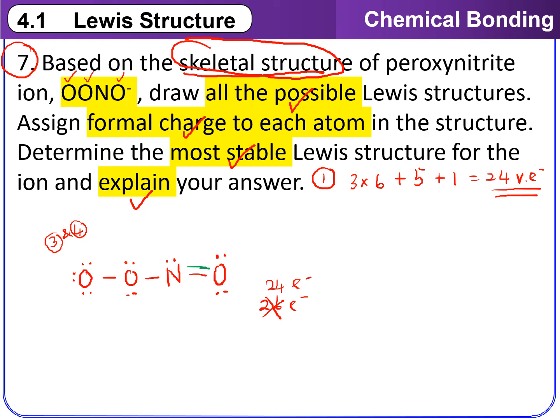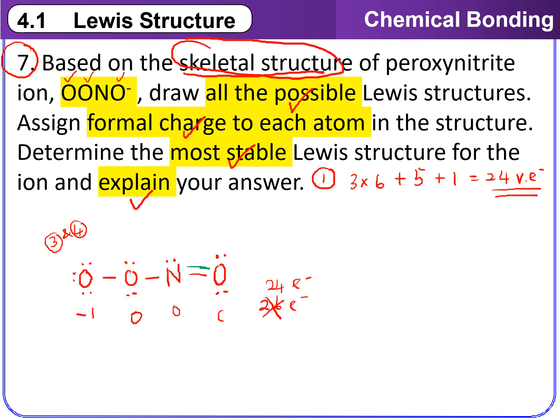Okay, so after we draw this structure, then we can calculate the formal charge. First oxygen at the left hand side here, 6 minus 7, we get -1. Second oxygen here, 6 minus 6 equal to 0. While nitrogen, 5 minus 5 equal to 0. Last one, oxygen, 6 minus 6 equal to 0.